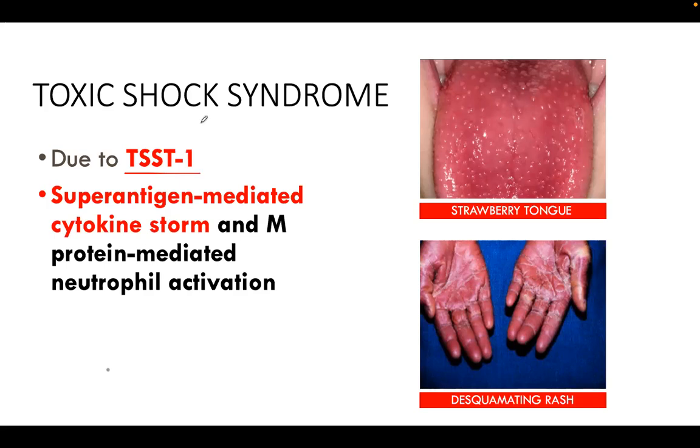So TSST presents with shock, hypotension, and multi-organ damage. Please take note of that.